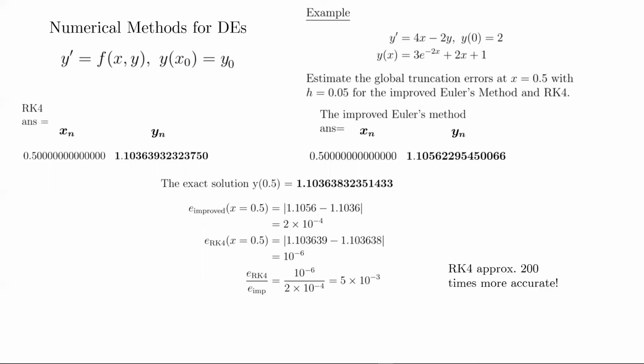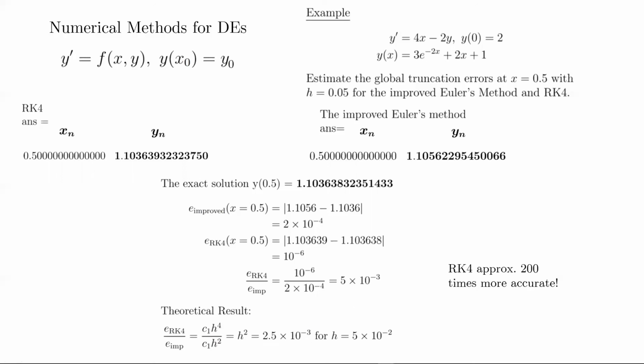So this was the global truncation error in this initial value problem. The theoretical result is that RK4 is supposed to be globally h to the power of 4, and improved Euler is supposed to be h squared. So if I look at the ratio of h to the power of 4 over h squared, that is just h squared. h was 0.05, so that's 2.5 times 10 to the negative 3.